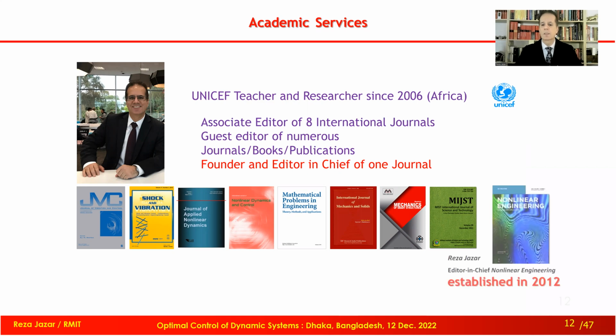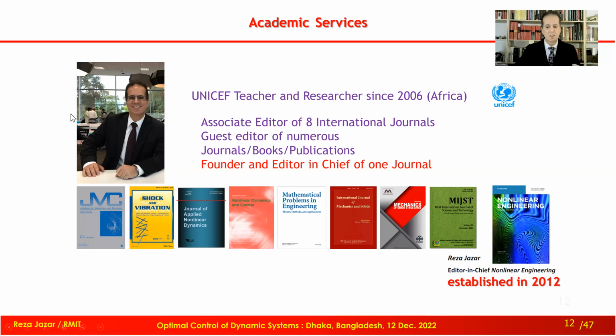in 2012, I decided to publish a new journal that I thought was a missing part of journals, actually. I called this journal Nonlinear Engineering, and for 6 years, I was the chief editor of this journal, and then I passed it to other people to continue.